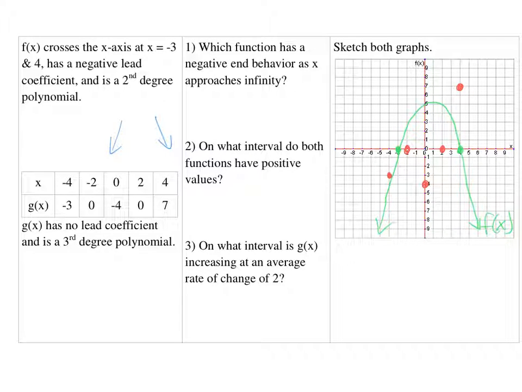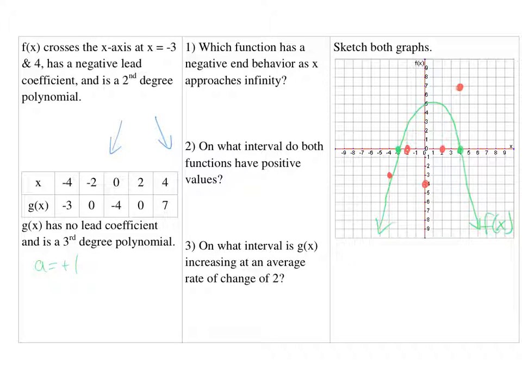Now, you can kind of see what it looks like, but we now need to verify exactly what goes through those dots. We have to read this. And it says g has no lead coefficient and is a third-degree polynomial. So if there's no lead coefficient, does that mean it's negative or positive? Well, if there's nothing there, isn't that probably a positive 1? If there's no lead coefficient, your a is positive 1.